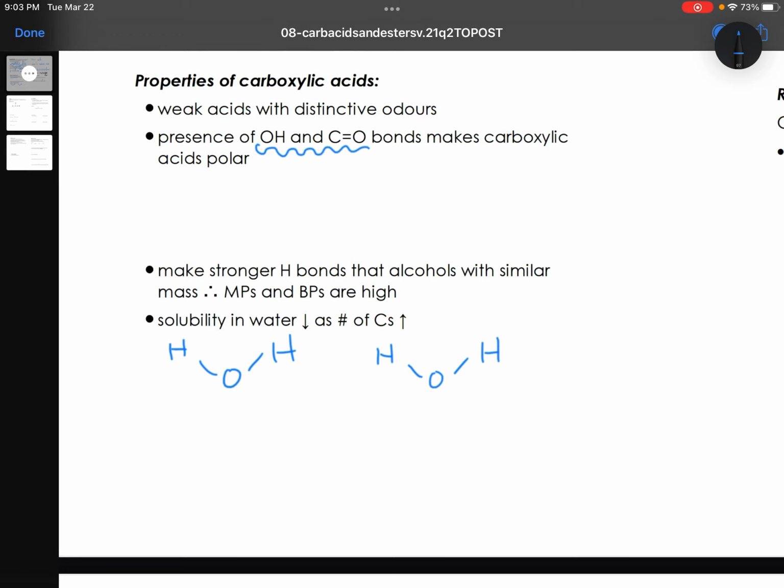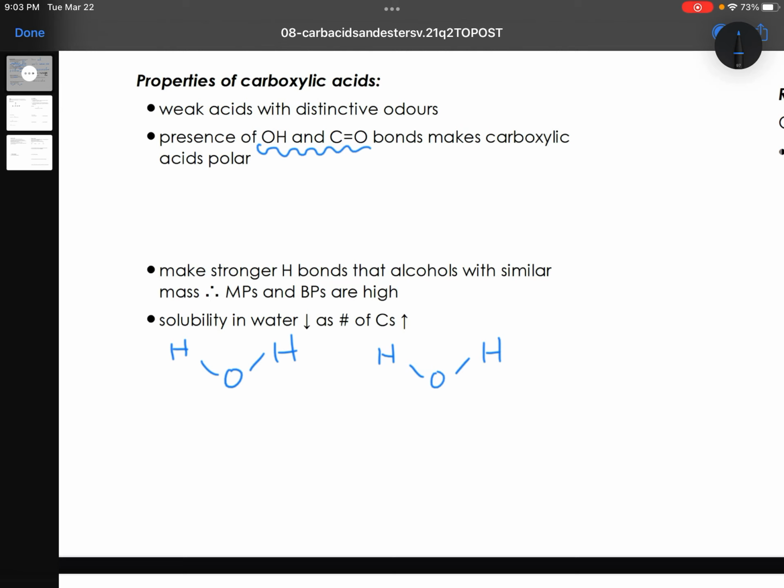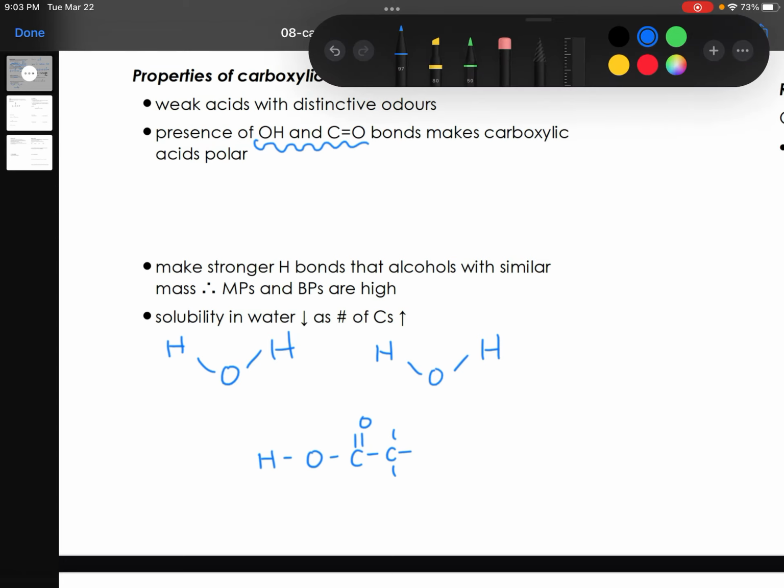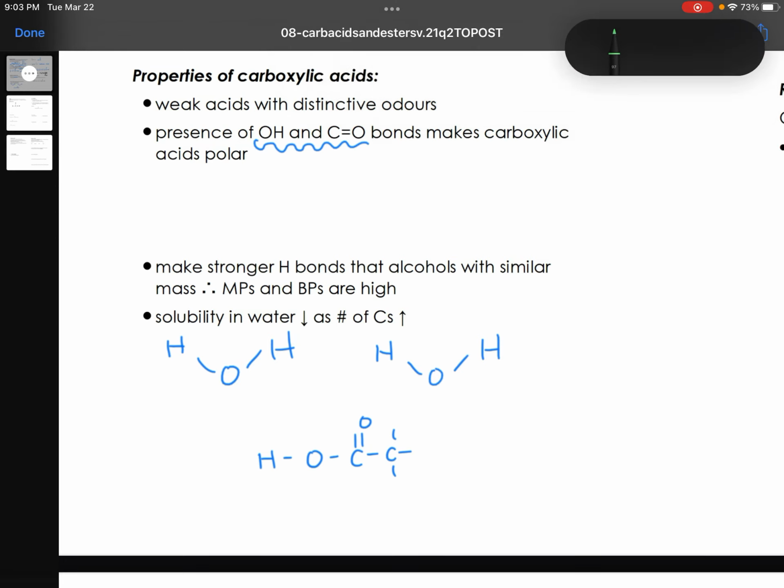And then make up a carboxylic acid. So you can use one of the ones from above. I could even do vinegar, which is ethanoic acid. Okay, and then it can bond with water here.